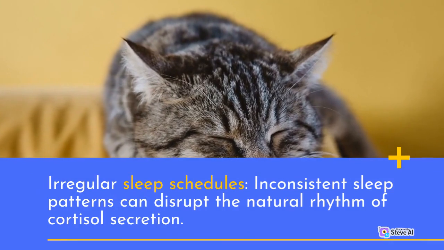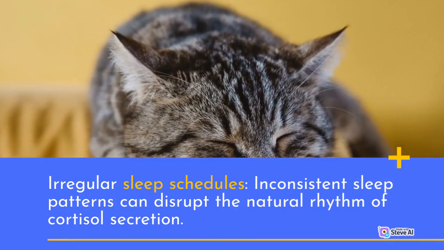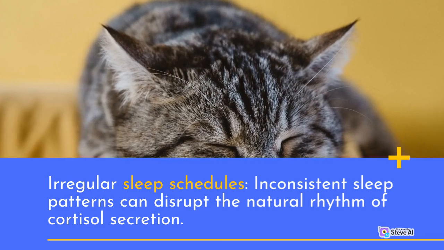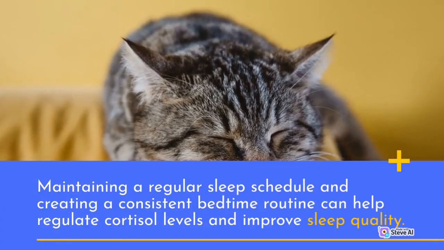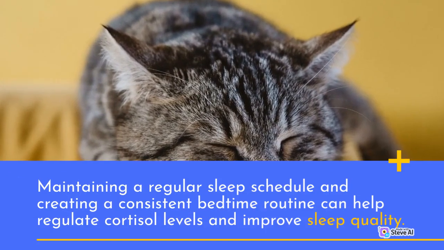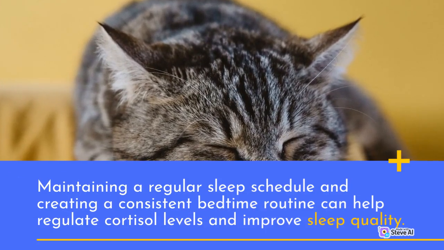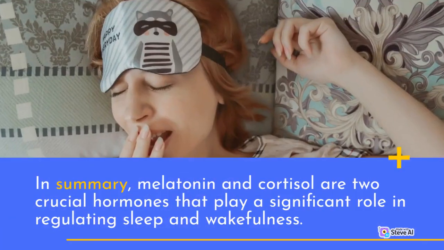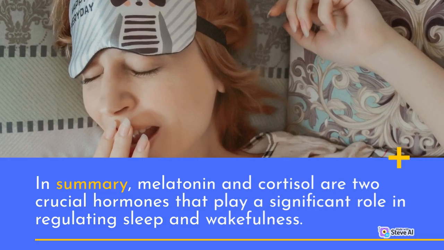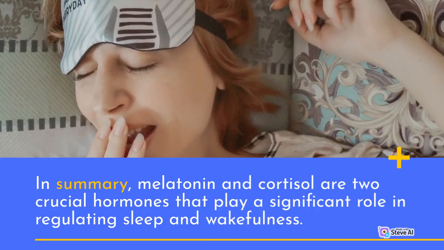Irregular sleep schedules. Inconsistent sleep patterns can disrupt the natural rhythm of cortisol secretion. Maintaining a regular sleep schedule and creating a consistent bedtime routine can help regulate cortisol levels and improve sleep quality. In summary, melatonin and cortisol are two crucial hormones that play a significant role in regulating sleep and wakefulness.